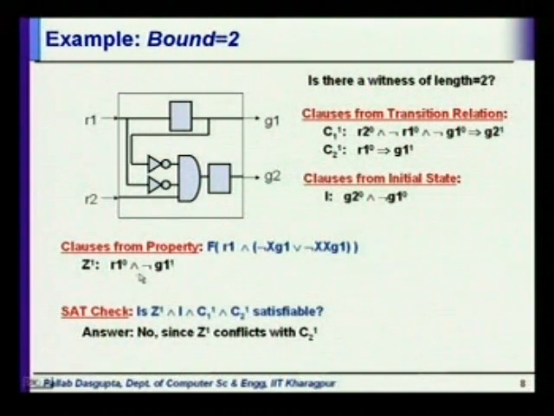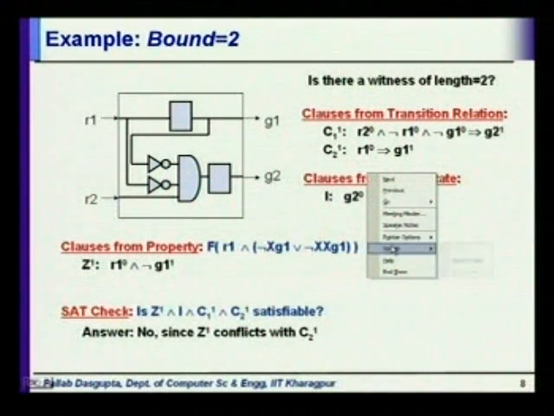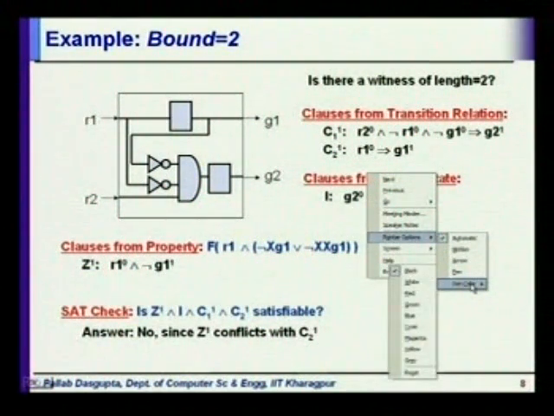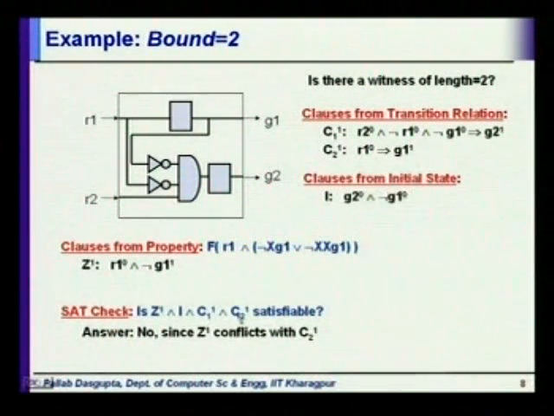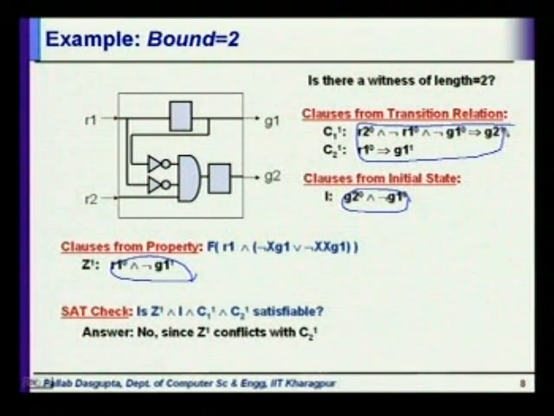So we can pass this set of clauses to a SAT solver and ask Z1, which is this one, intersection I, this one, intersection C1 and C2, these clauses, whether this whole thing is satisfiable.